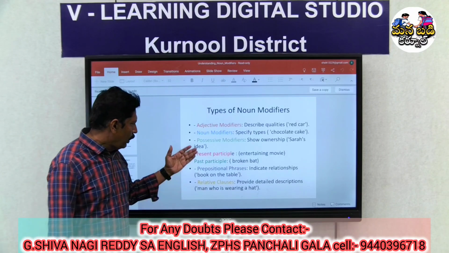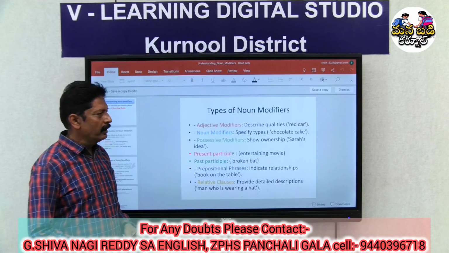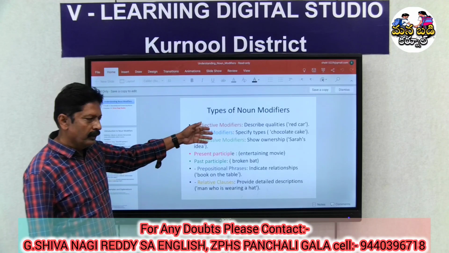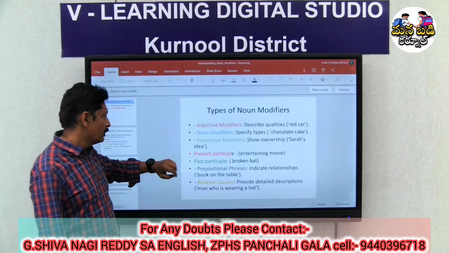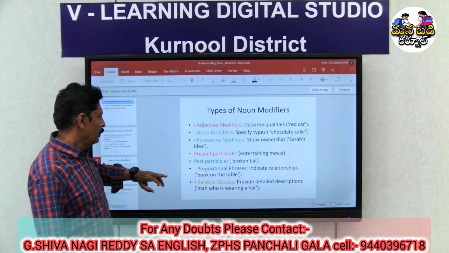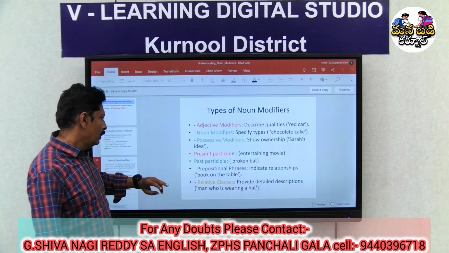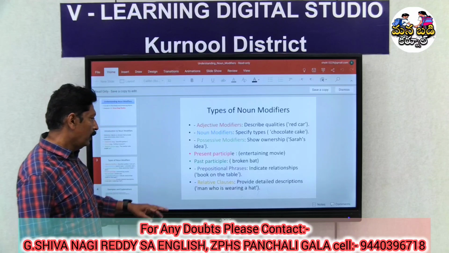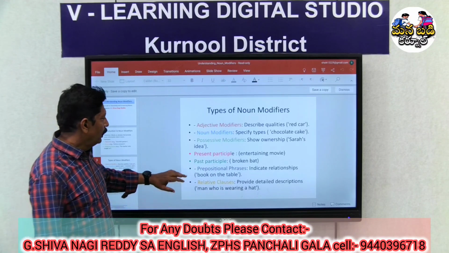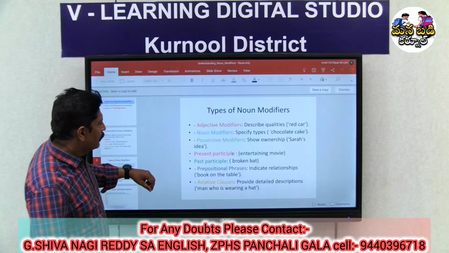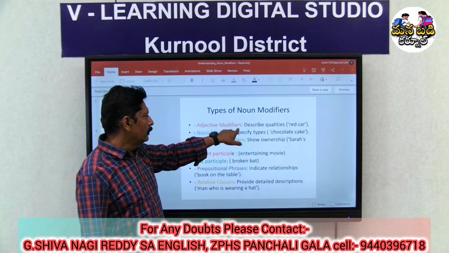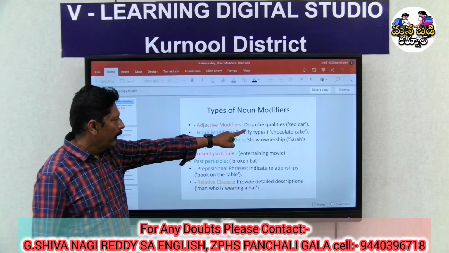So, there are different types of noun modifier. One is the adjective modifier, which we have just discussed. Noun modifiers, possessive modifiers, present participles, past participles, prepositional phrases, relative clauses. These all work as noun modifiers. See, an adjective modifier generally qualifies the noun car.